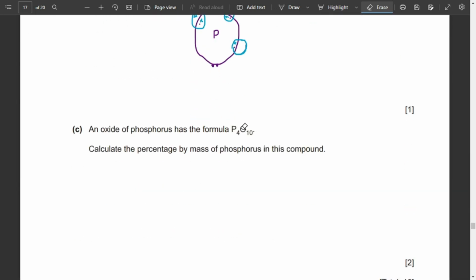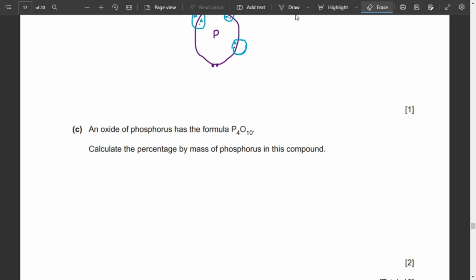So let's move on to part C. An oxide of phosphorus has formula P4O10. Calculate the percentage by mass of phosphorus in this compound. If we see the mass, let's calculate the total mass for it.